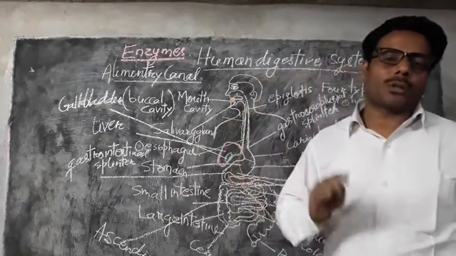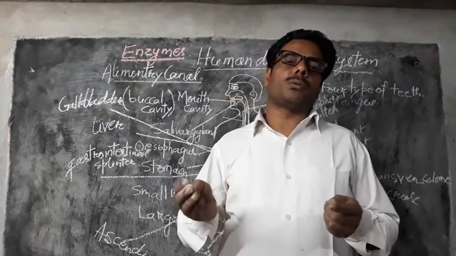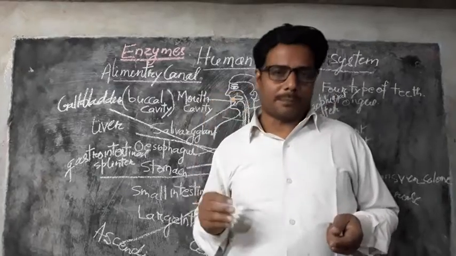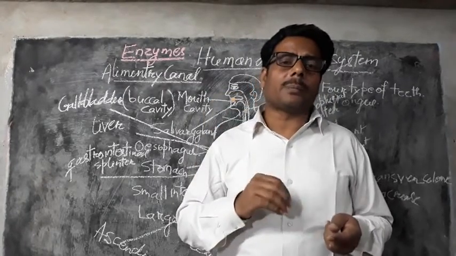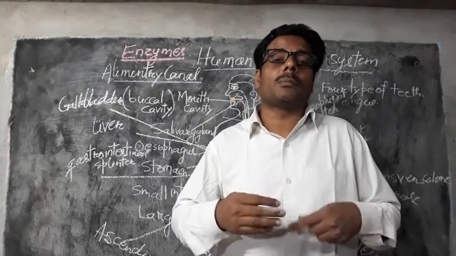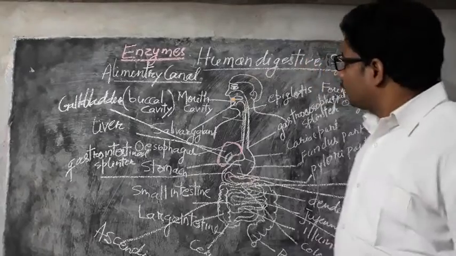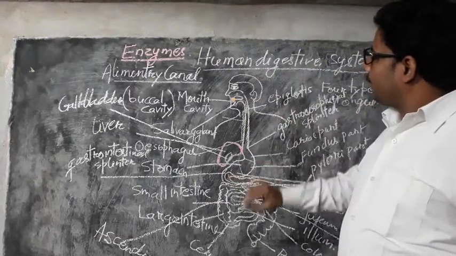So in this way it protects, but due to a mistake, sometimes when food or water enters the windpipe, we get hiccups automatically and an abnormality gets created. So my dear students, what happened?